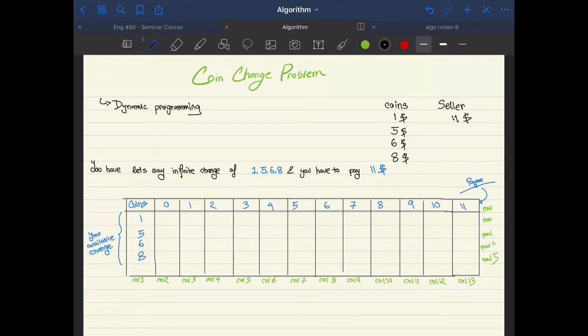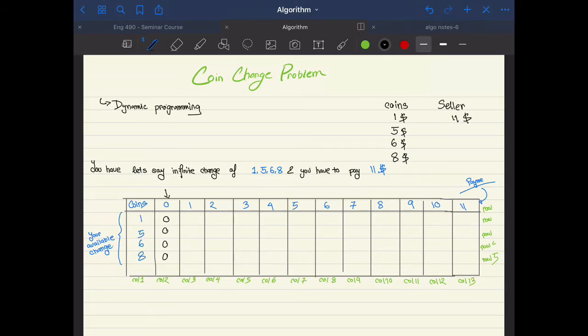So the first situation is that the seller wants $0 from you. It doesn't matter what coins you have, you don't have to pay him anything, right? So the minimum number would always be 0, so we put zeros in column 2 here.